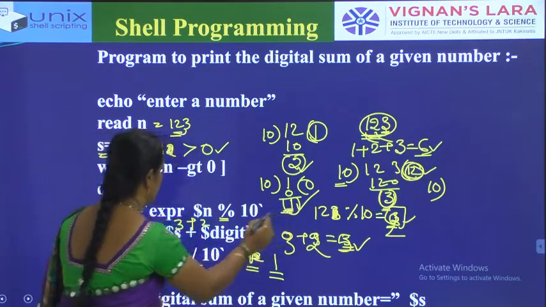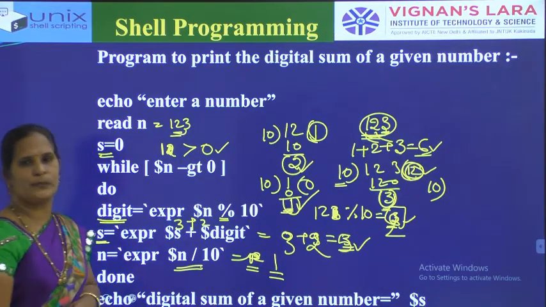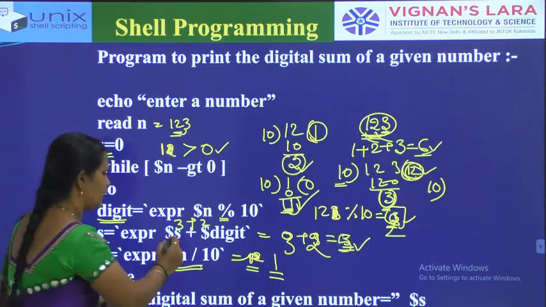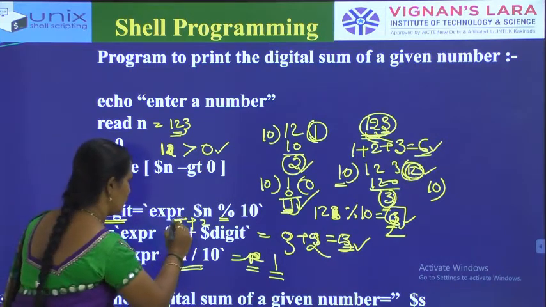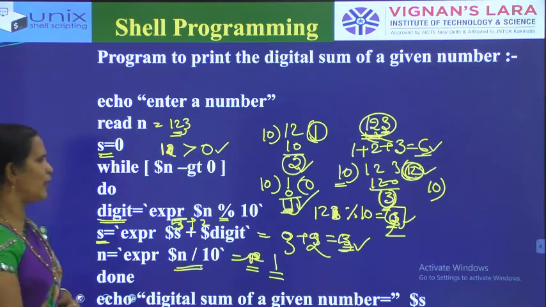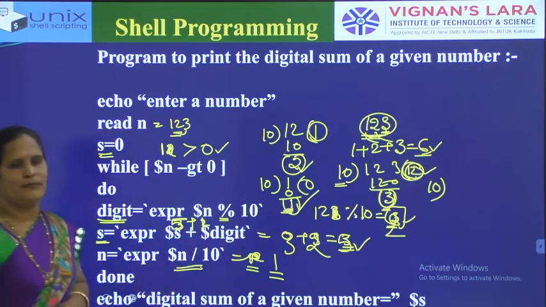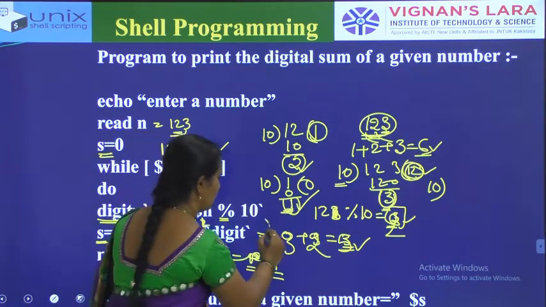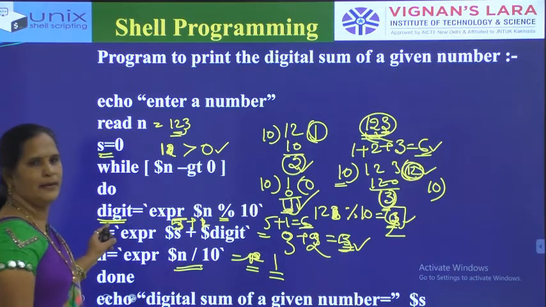This 1 is stored in the variable digit. So s is equal to expr $s. The value of s is 5, plus the new value of digit, which is 1. 5 plus 1 is 6. 6 is stored in the variable s.